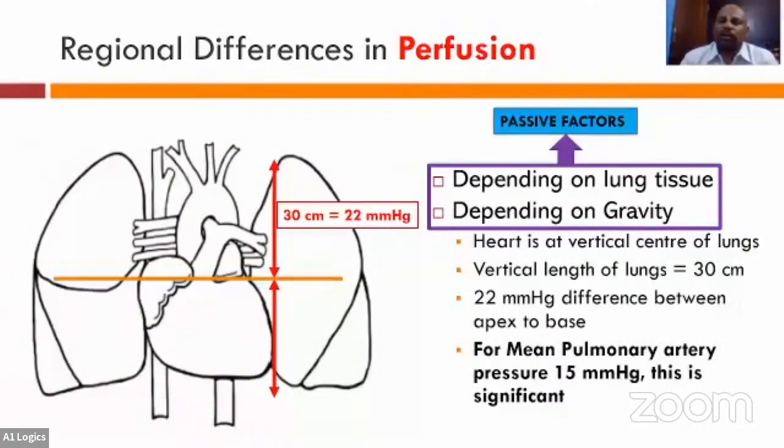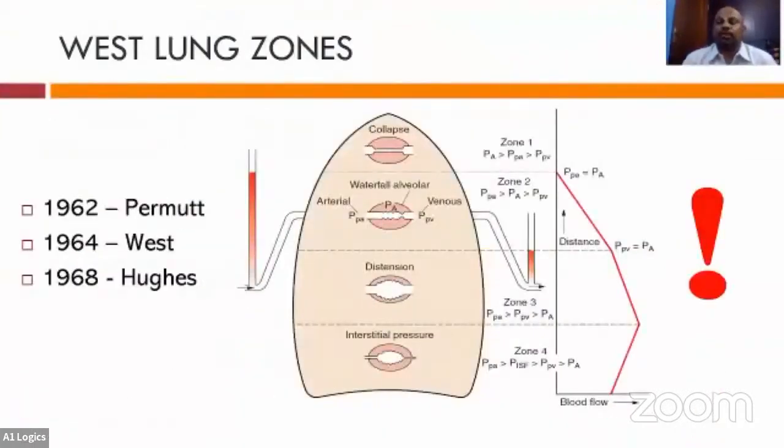So the lung tissue and the gravity that distributes the blood regionally, these two form the passive factors. And coming to the West lung zones, depending on this passive factor, gravity, in 1962, Permutt defined two zones of lung, the upper zone and lower zone, with respect to the pulmonary pressure. He found that the upper zone has less pulmonary pressure, the lower zone has higher pulmonary pressure.